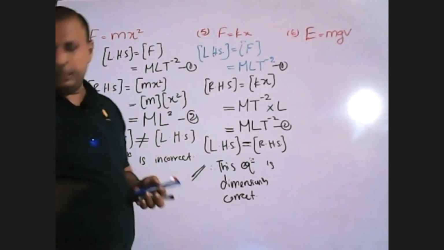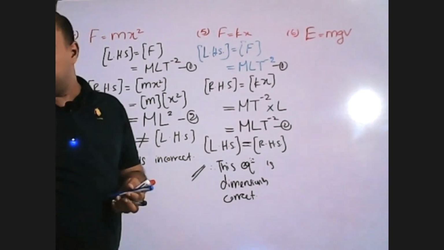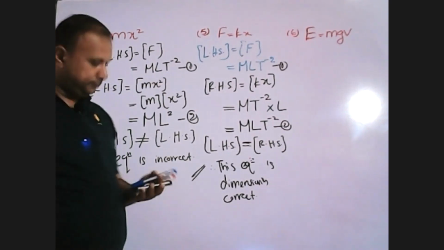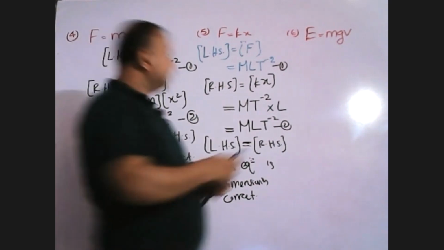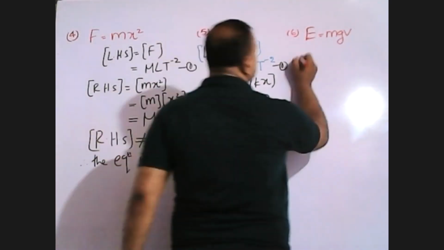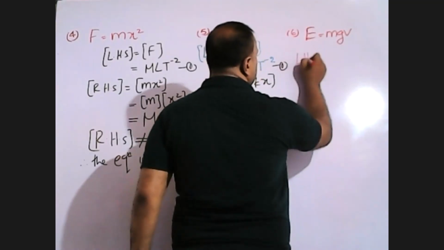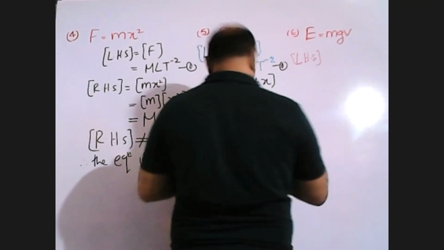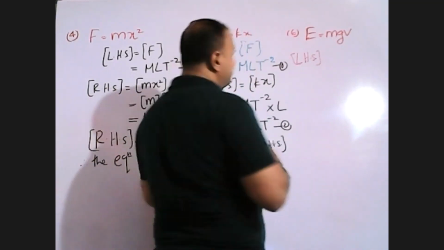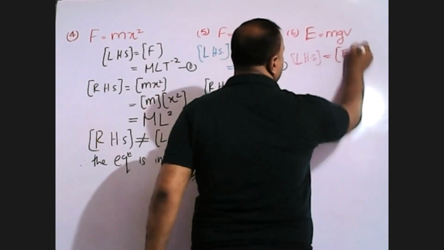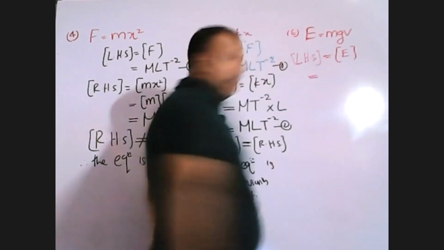Then E equal mgv. Dimension of LHS equals dimension of E. E means energy.